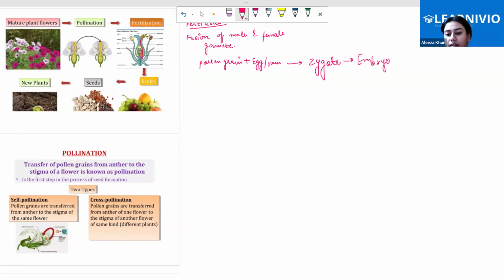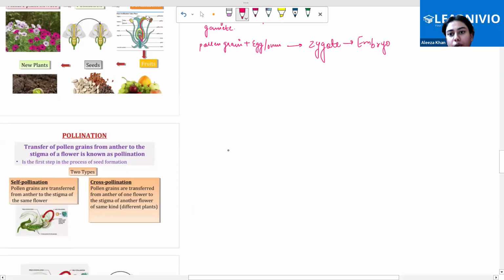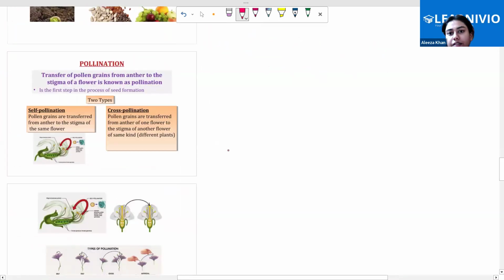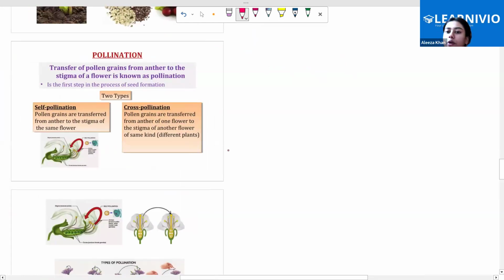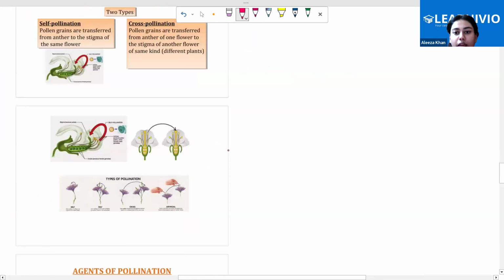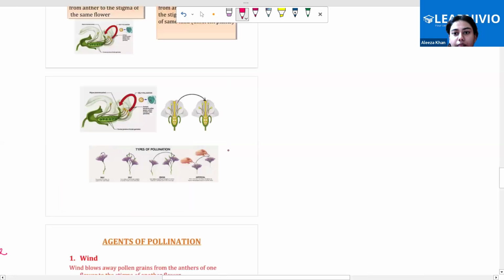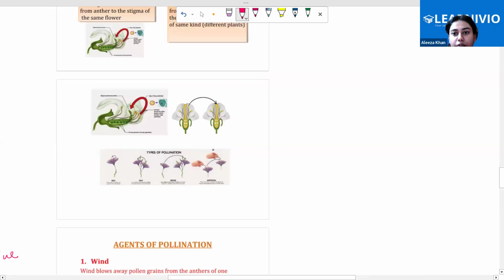Now starting with pollination. This we have not done. What can you observe from this image?